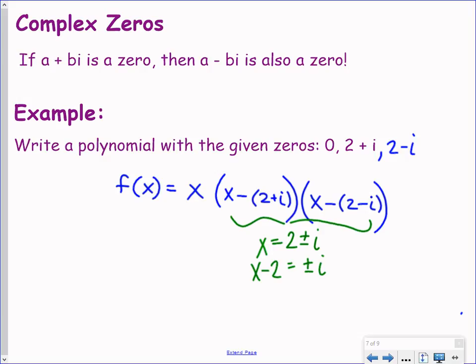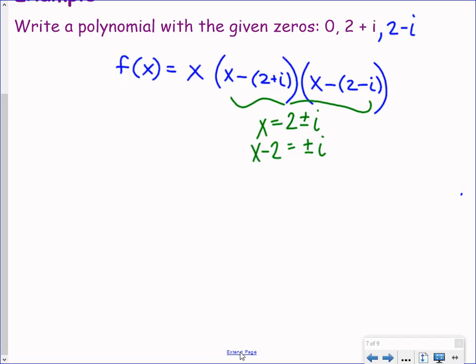What will we do that's the opposite of a square root? Square both sides. On the side with x minus 2 squared, remember that's x minus 2 times x minus 2, so we're going to get x squared minus 4x plus 4. And then what is i squared? Negative 1.